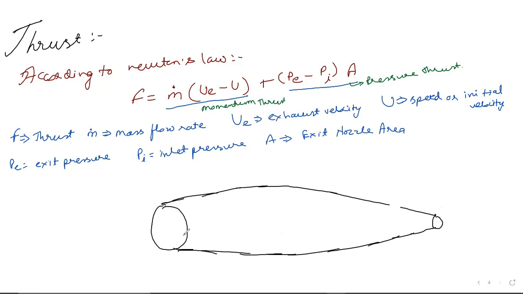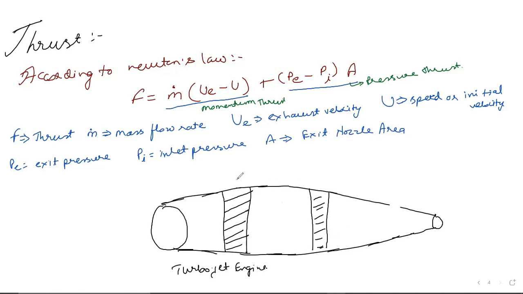After some distance there is the compressor, then after some time the turbine. So compressor, turbine, this is the inlet, this is the nozzle, and maybe there is a chance that there is an afterburner.